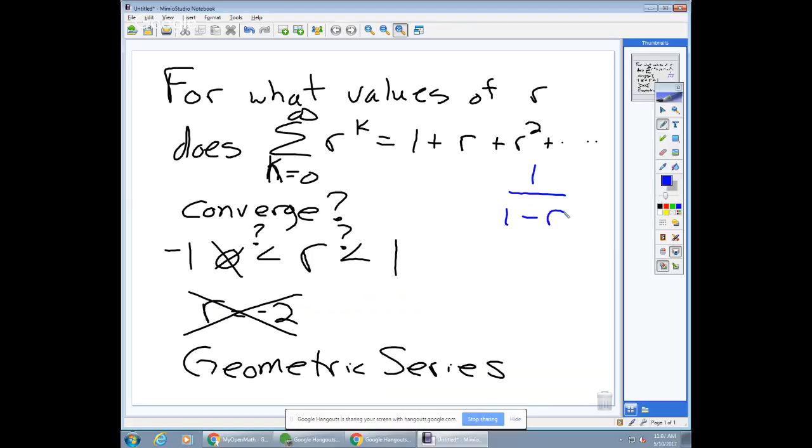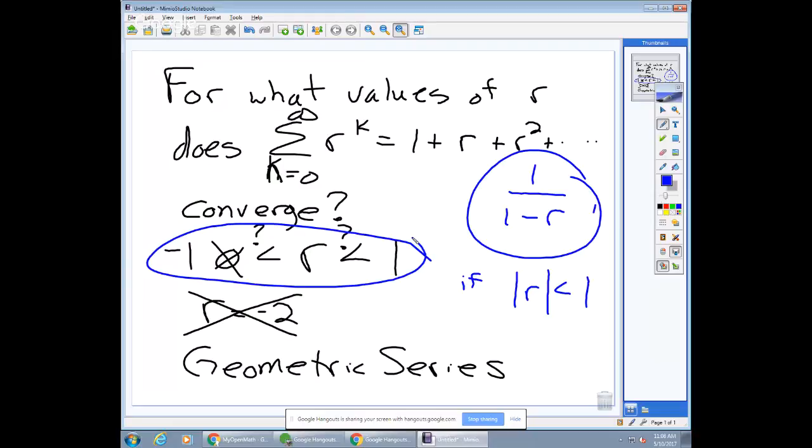And we had a cute little trick to make that happen, kind of related to like 1/3 equals 0.33333. I started off with that example, which is a geometric series. So this is the value it actually converges to if, right, often we'll say the absolute value of R is less than 1, which is the same thing as saying that right there. Okay. Now, if R is 1, I have a problem.